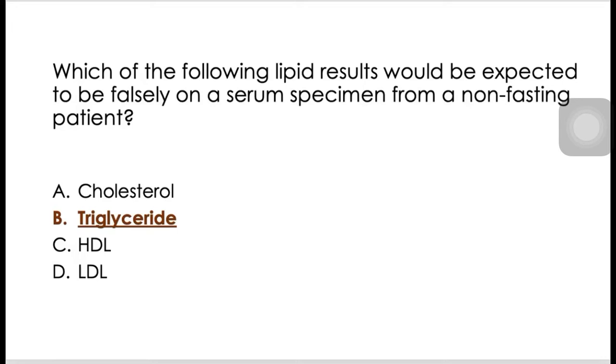HDL also contains cholesterol. So you have your HDL cholesterol and LDL cholesterol. So again, triglyceride here would be expected to be falsely elevated. Okay? In a non-fasting patient. Kaya po kapag lipid profile, which requires us to measure triglyceride, no? Kasama po yan doon, chylomicrons, no?